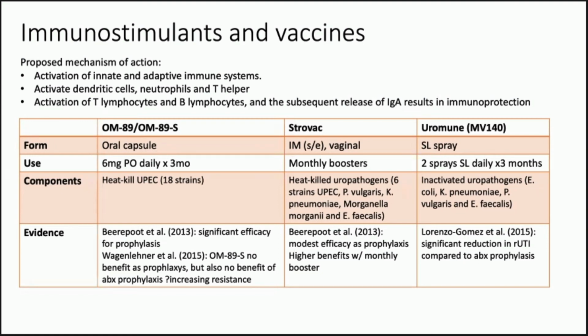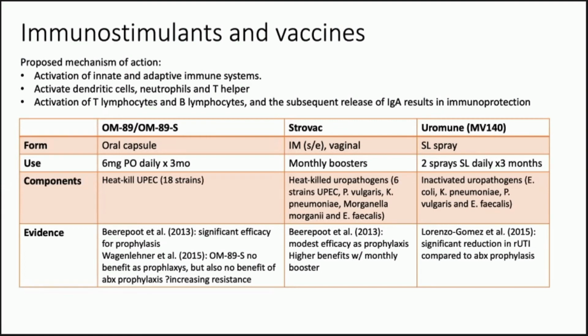Now, the last agent is Urimune, or MV140. It's another immunostimulant that contains inactivated E. coli and other common pathogens. And it comes in a form of a spray that is applied twice daily sublingually for 3 months. Several cohort studies have demonstrated its efficacy with an absolute risk reduction of UTIs of 90%.